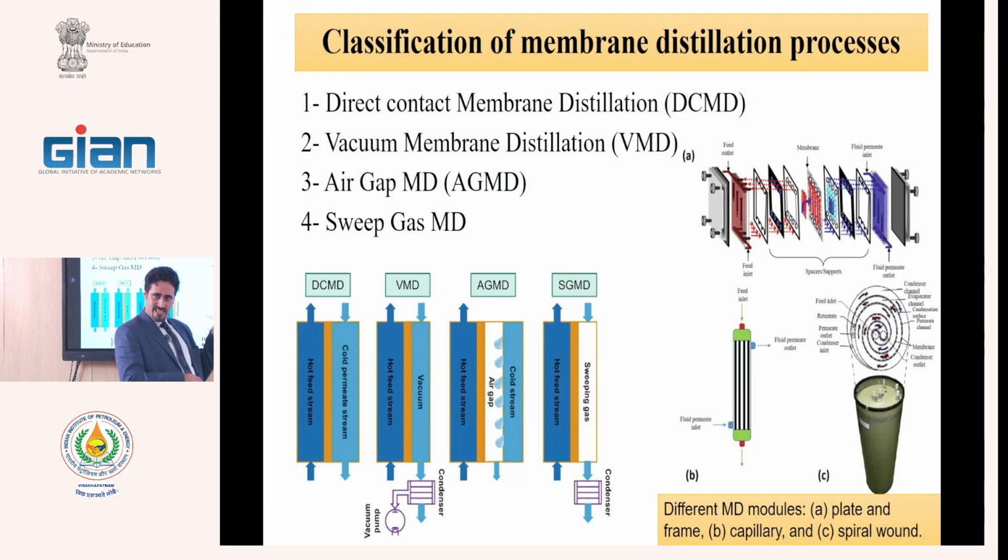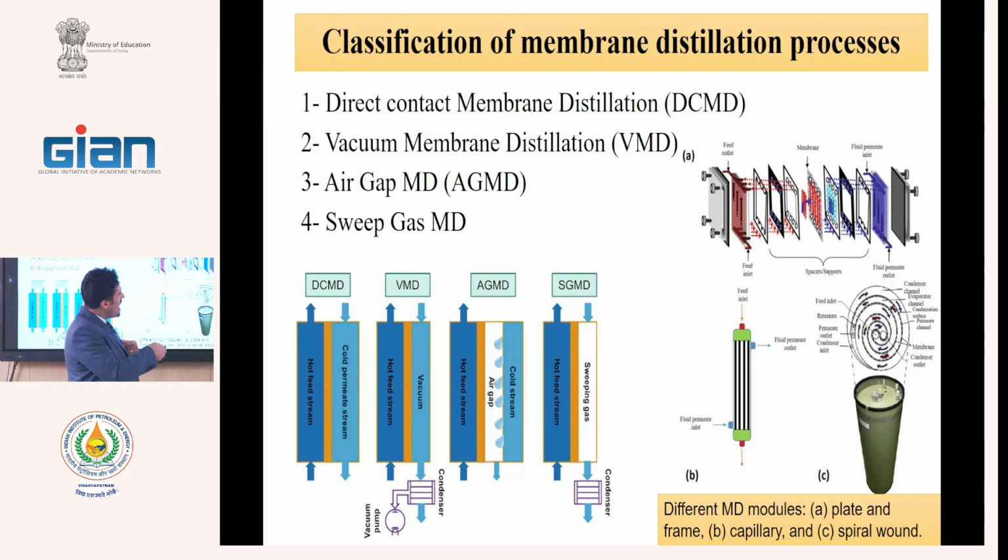In dialysis, we have a flow on the permeate side. In MD, we also have a flow on the permeate side. In direct contact, the cold stream directly contacts the membrane bottom layer.